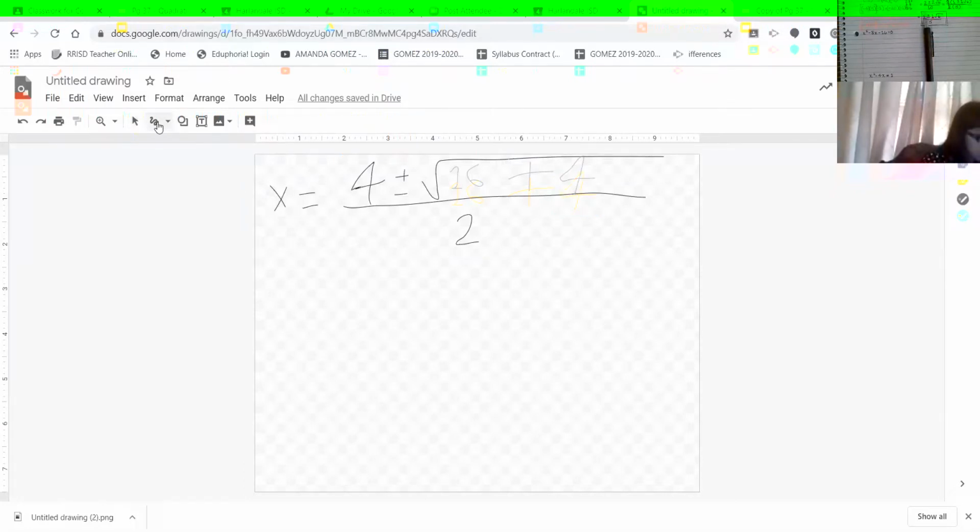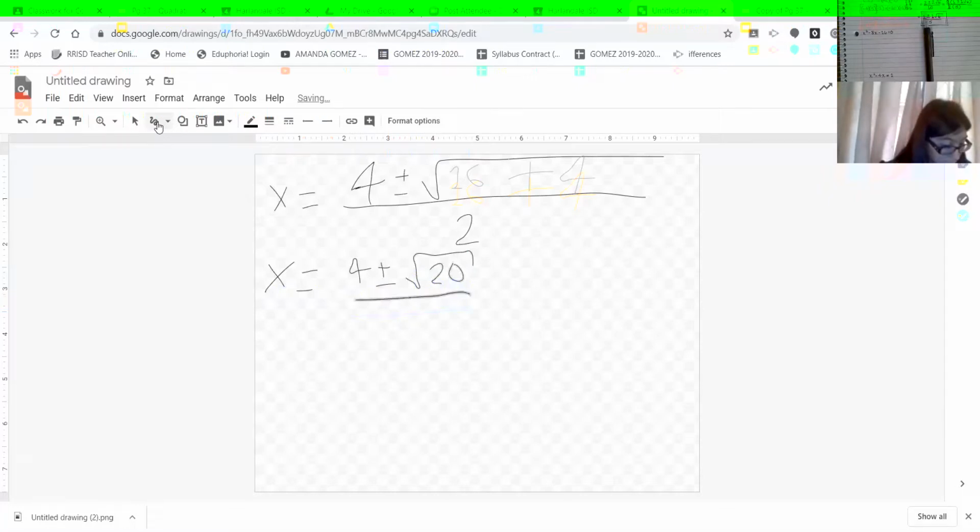So I'm going to write x equals then 4 plus minus square root of 20 all over 2. Now that 20 there, does that tell us we have 2, 1, or 0 solutions? Well, it's obviously greater than 0, so it'd be 2. 2 solutions, yeah.